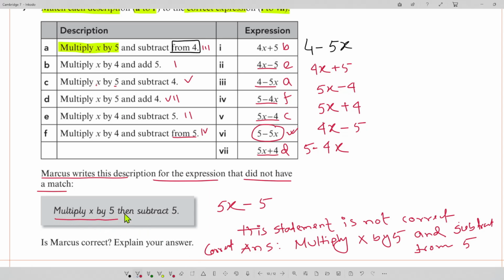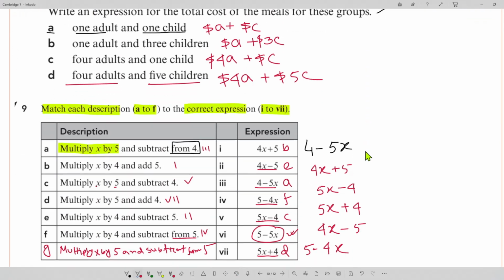Multiply x by 5, then subtract 5 is like this, but here it's from 5. Okay, so that is done. Or we can write it like: multiply x by 5 and subtract from 5. Okay, so everything is done. Number 8 and 9 done.